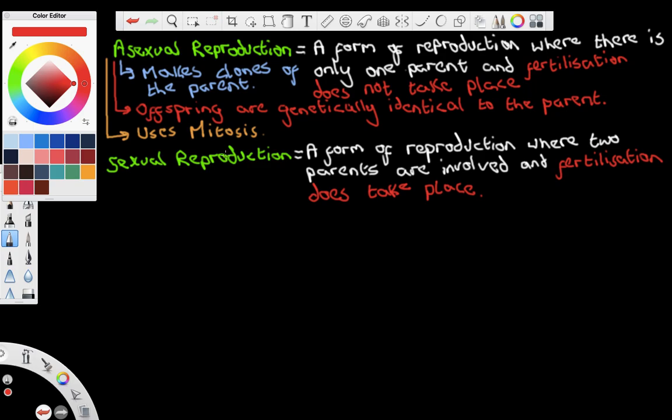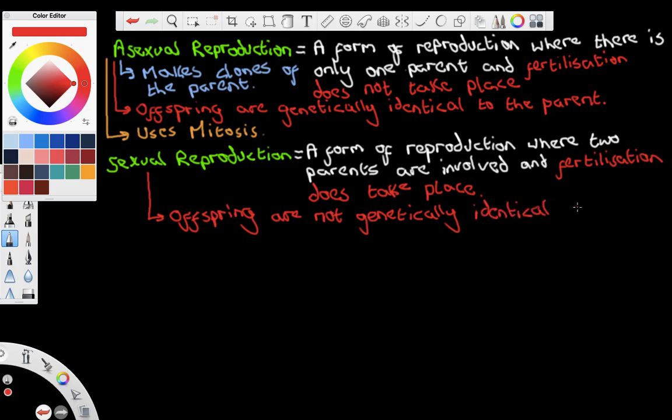Okay? Now, this makes offspring that are not genetically identical to the parent, but they have similar characteristics from both the mom and the dad. So we can say underneath here that offspring are not genetically identical to parents.